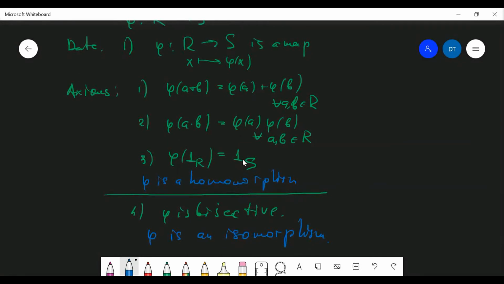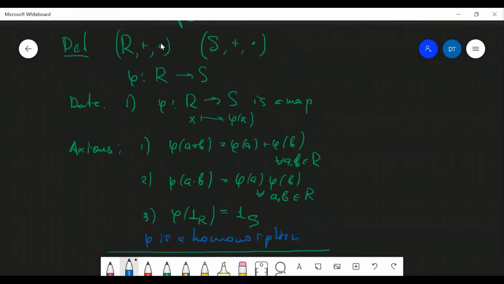Well, we know that property number 1 says that phi must be a homomorphism of abelian groups. If we forget the multiplication on both rings, then R plus and S plus are abelian groups, and property number 1 says that this is a homomorphism of these abelian groups. And we know that if we have a homomorphism of groups, then it automatically takes a neutral element to a neutral element.